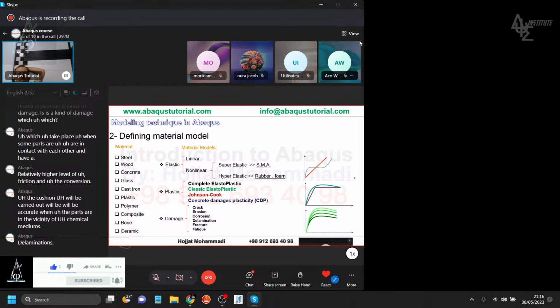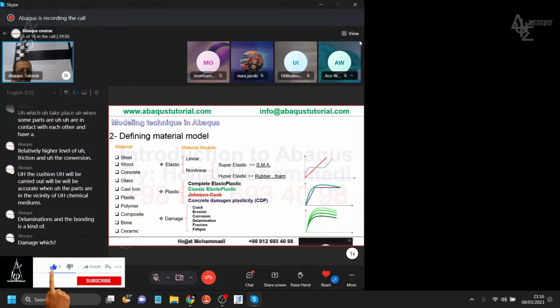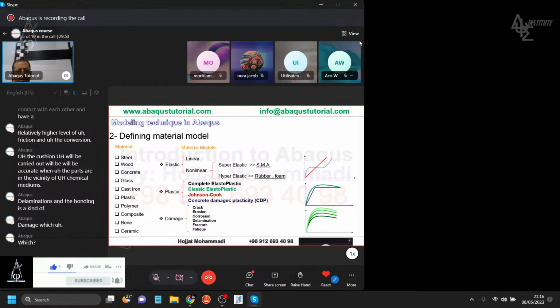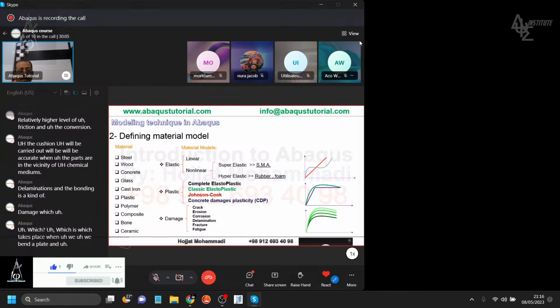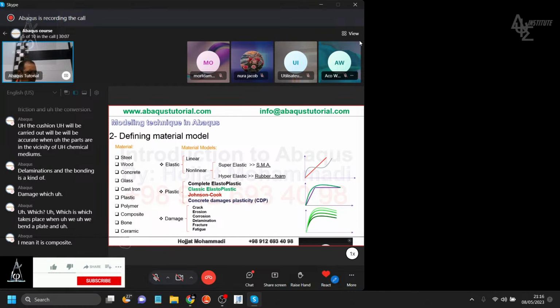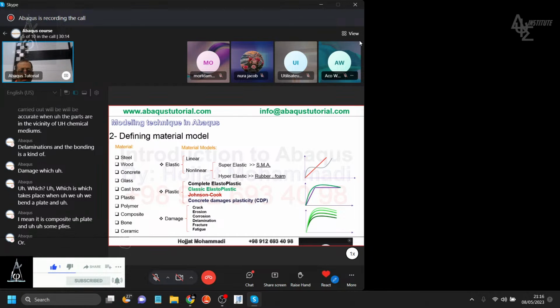Delamination and debonding is a kind of damage which takes place when we bend a delaminated composite plate, and some plies are damaged due to the pass of ultimate stress.